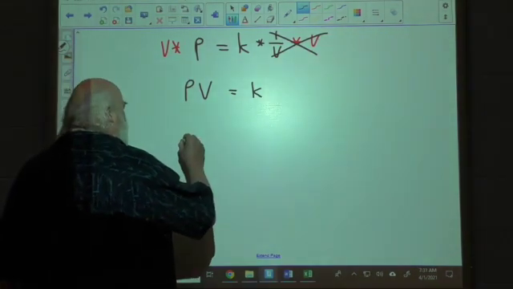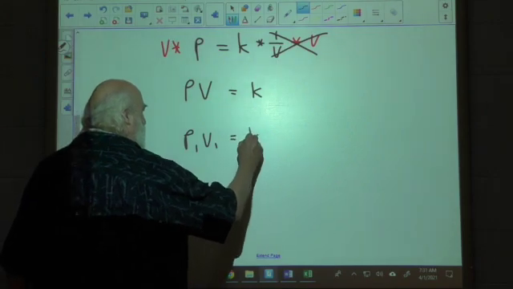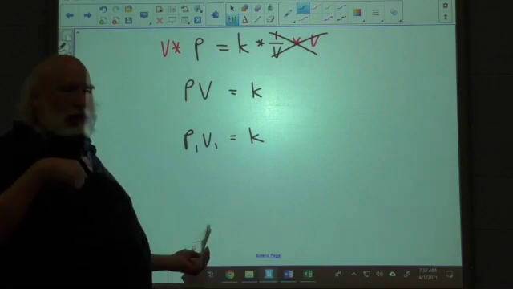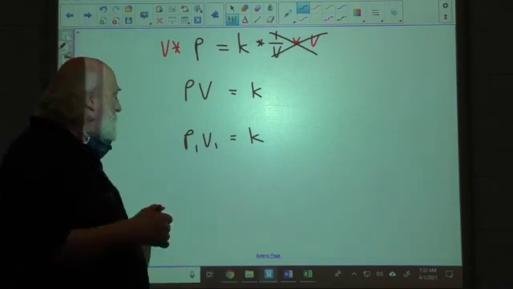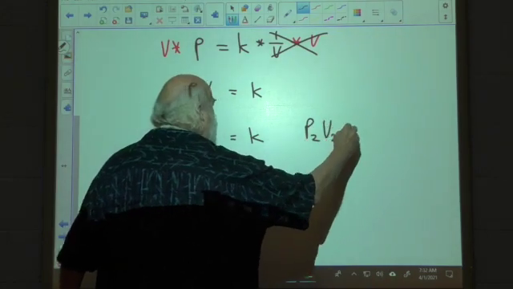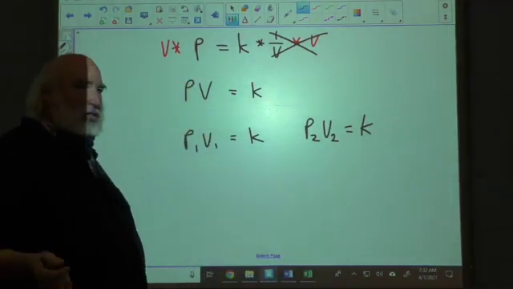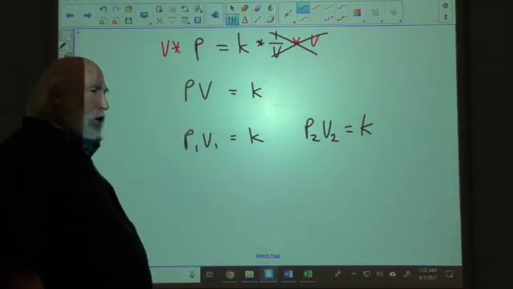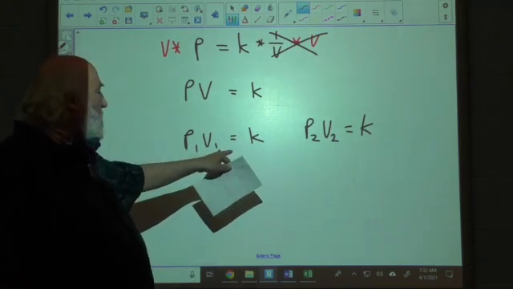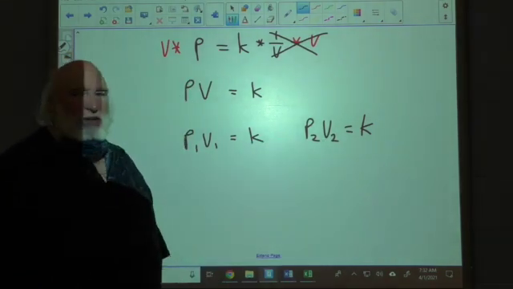So I'm going to take a scenario where I start with a certain pressure and volume in dealing with gases, and I get that K. And then I'm going to change the pressure, which is going to change the volume, such that you have a second pressure and a second volume, but when you multiply them, it has to equal K. By definition, a constant means you cannot change at all. So you can have different values for P and V over here as compared to over here, but when you multiply both of them, they must equal K.